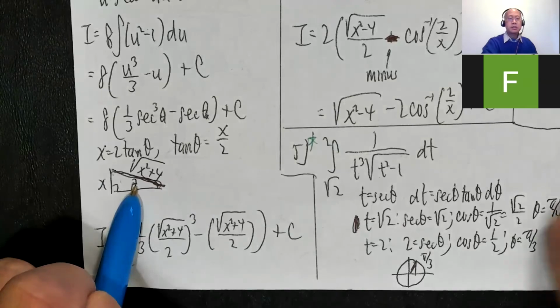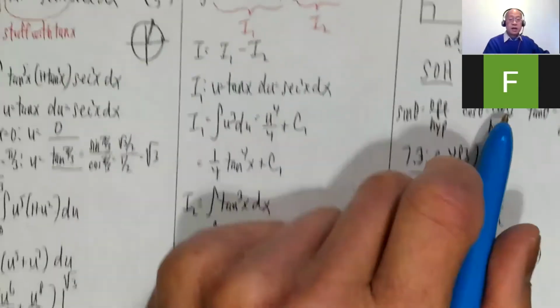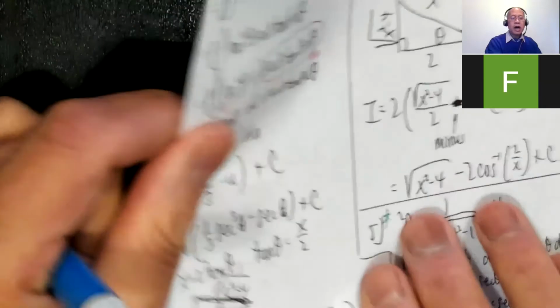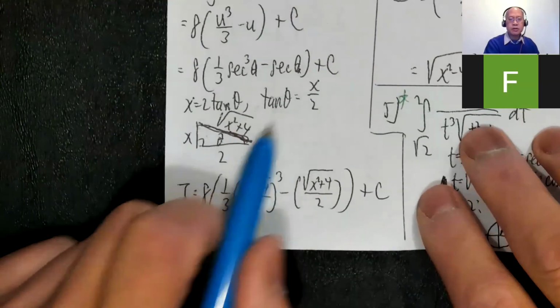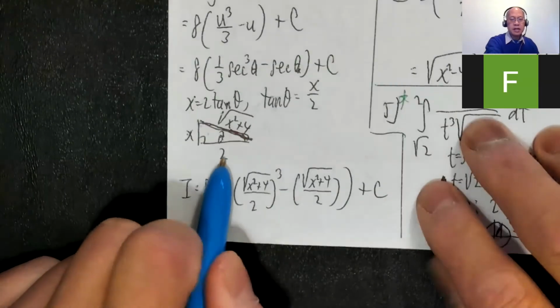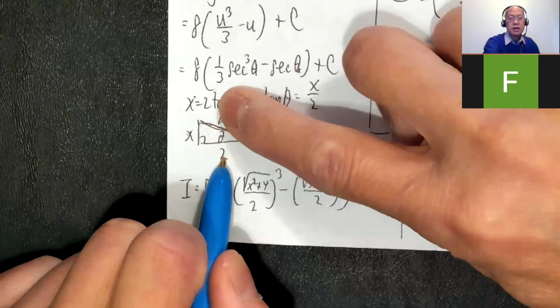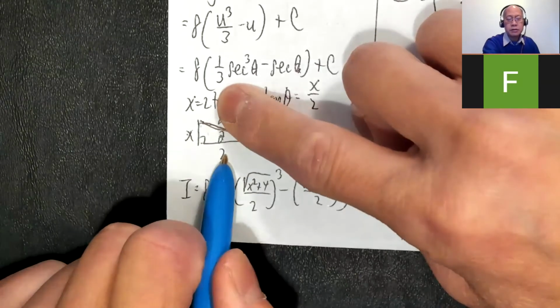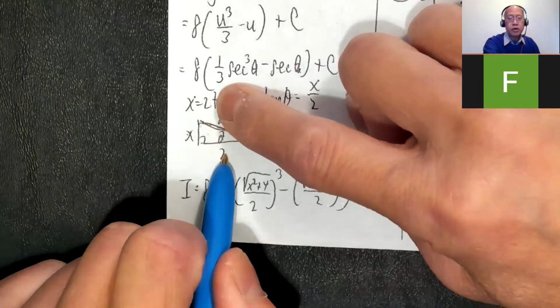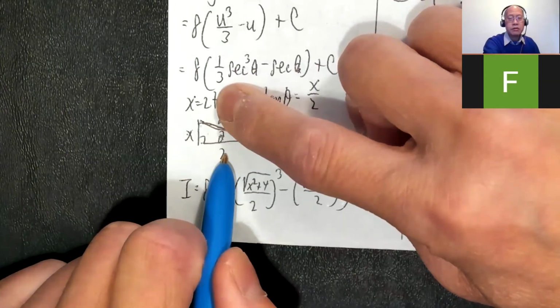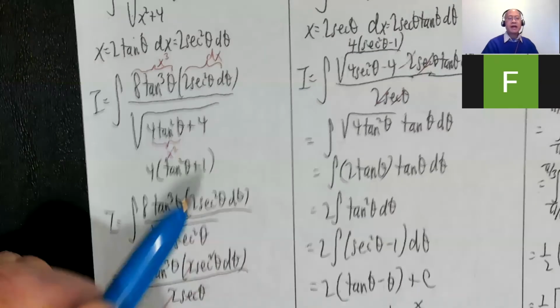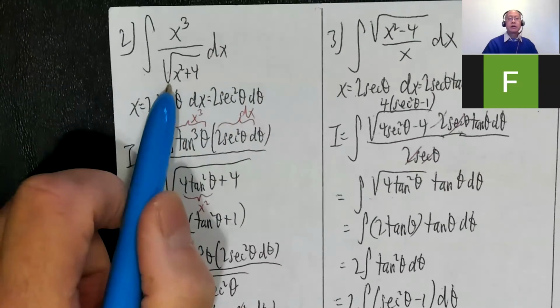Tangent, TOA, again, is opposite over adjacent. So opposite over adjacent is x over 2. Opposite, adjacent. Now I have to figure out the hypotenuse. Option 1, a squared plus b squared equals c squared. Option 2, just peek back at the original and it's probably right.